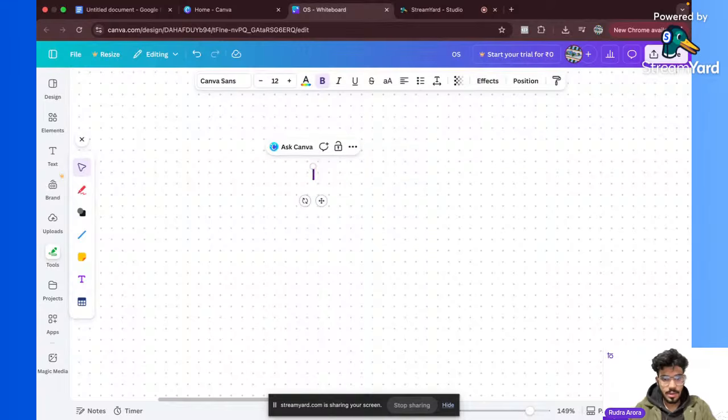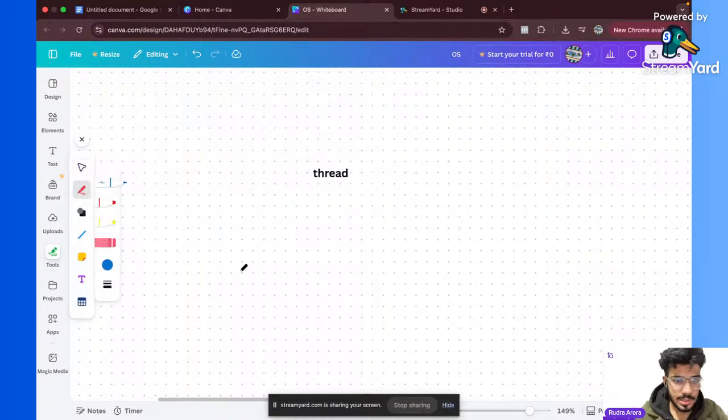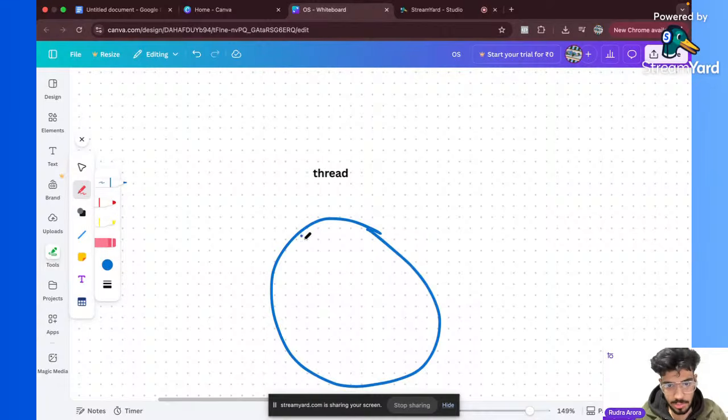We'll be covering what threads are. I already told you that suppose this is a process P1. Threads are actually the lightweight processes of P1, like P1 is dividing itself into multiple processes like P2, P3, etc. So you can think of these dots as threads.